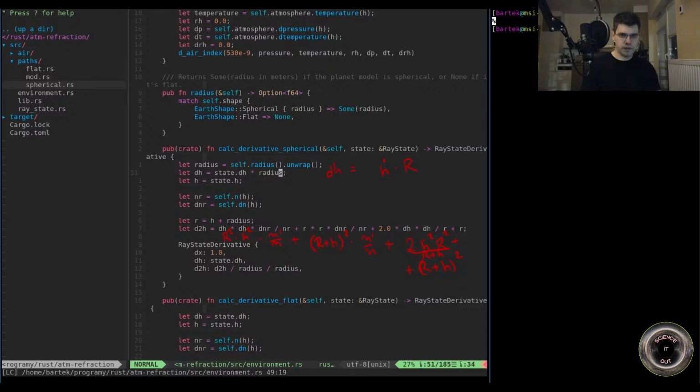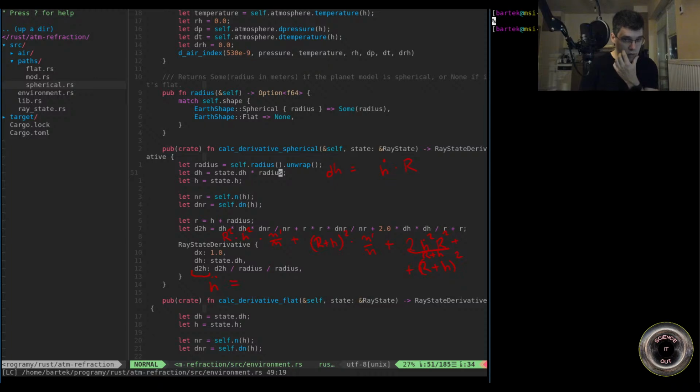Okay. And then here, to get the actual h with two dots, I divide what is calculated here by r squared. You can see that I divided by radius twice, so that's capital R squared.